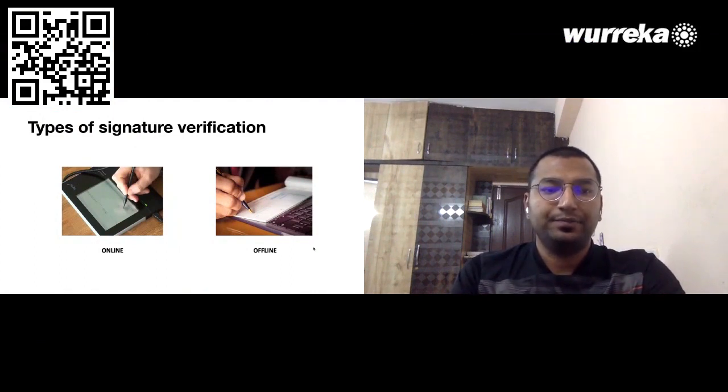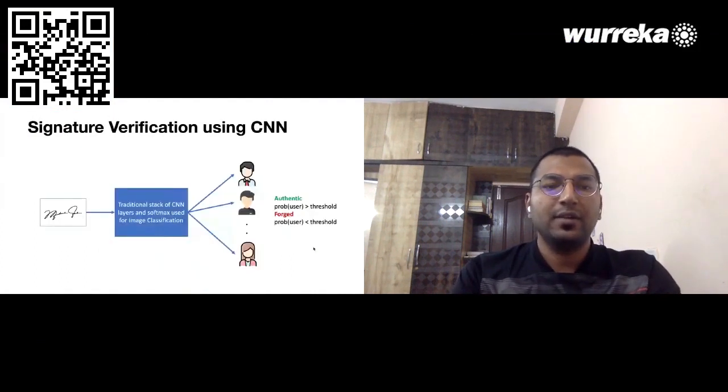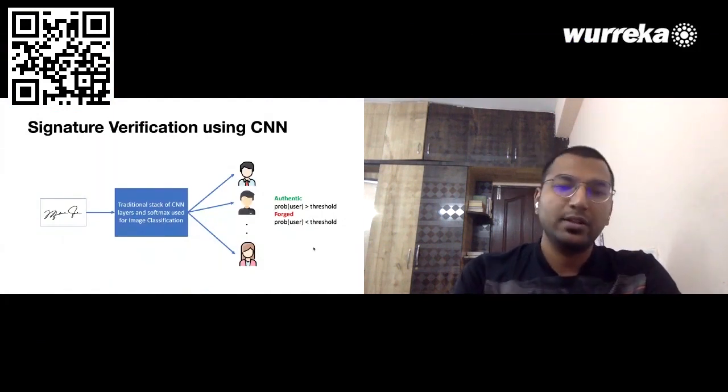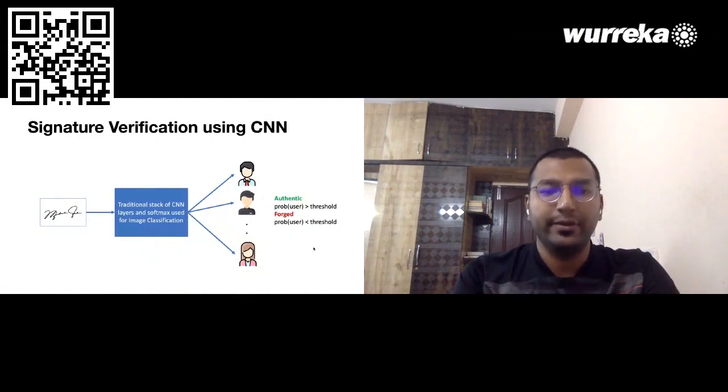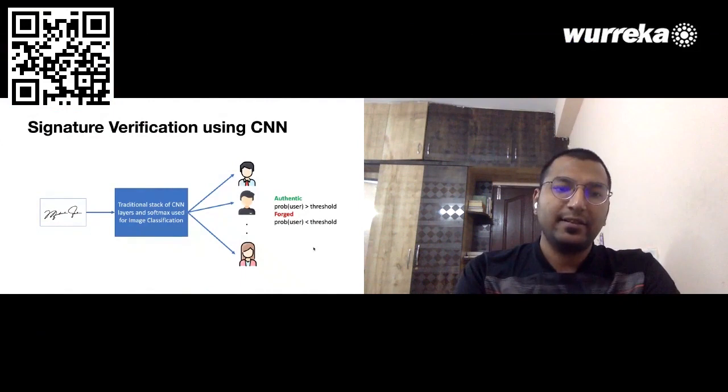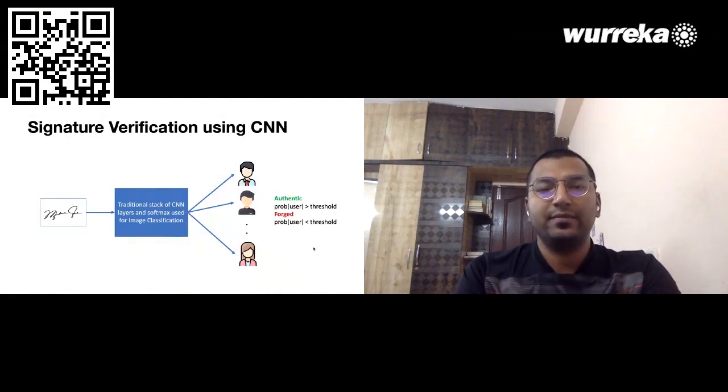All right. So now, how do we solve this particular problem using a standard CNN, the convolutional neural network? In standard CNN classification, the input image is fed into a series of layers, and finally, at the output, we generate a probability distribution.